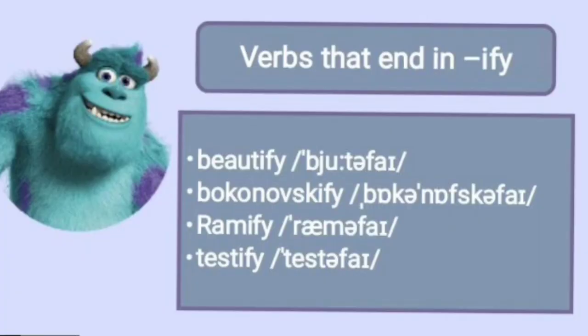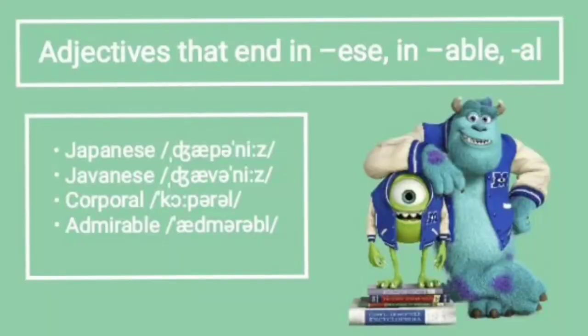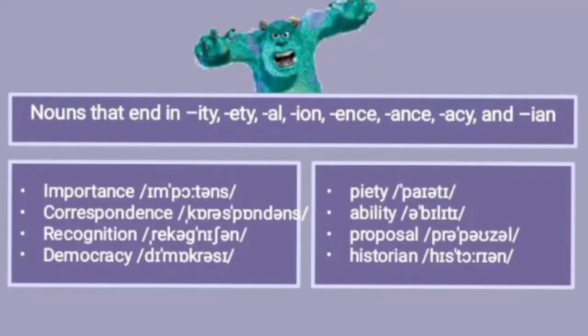Beautify, ramify, and testify are some of the verbs that end in "-ify". For the next one, adjectives that end in "-ic", "-able", and "-al", they are Japanese, corporal, and admirable. So, this is the last one: nouns that end in "-ity", "-al", "-ion", and "-ic".